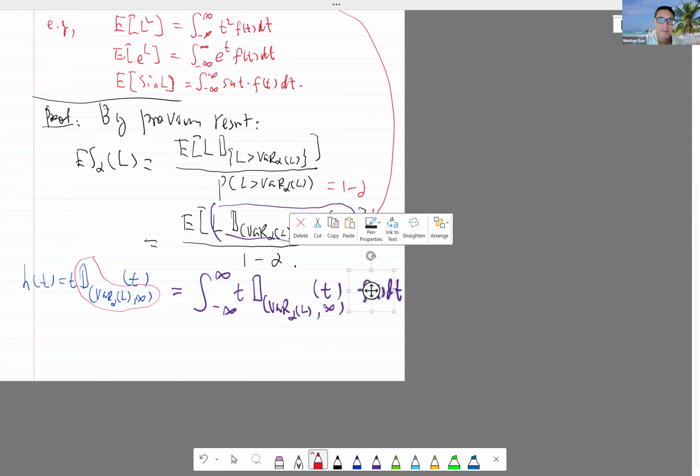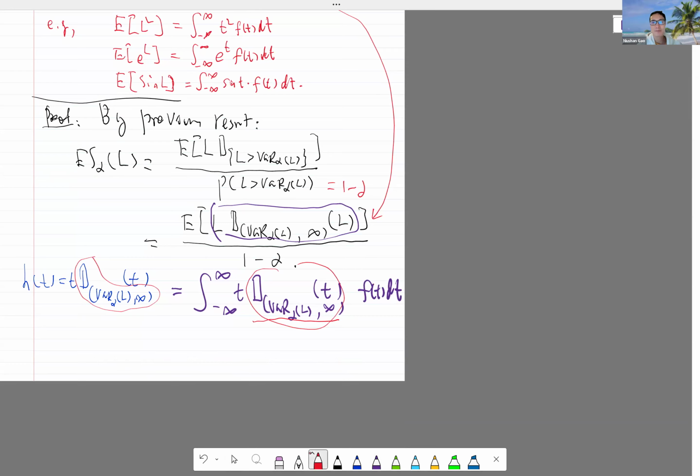This indicator equals 1 if t is larger than value at risk; if t is less than or equal to value at risk, it equals 0. So you can see it is the same as the integration from value at risk to infinity of t f of t dt.